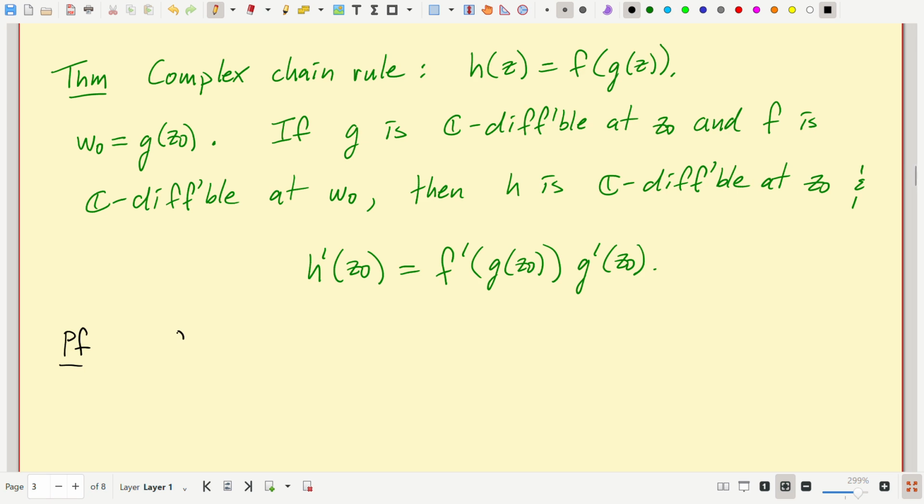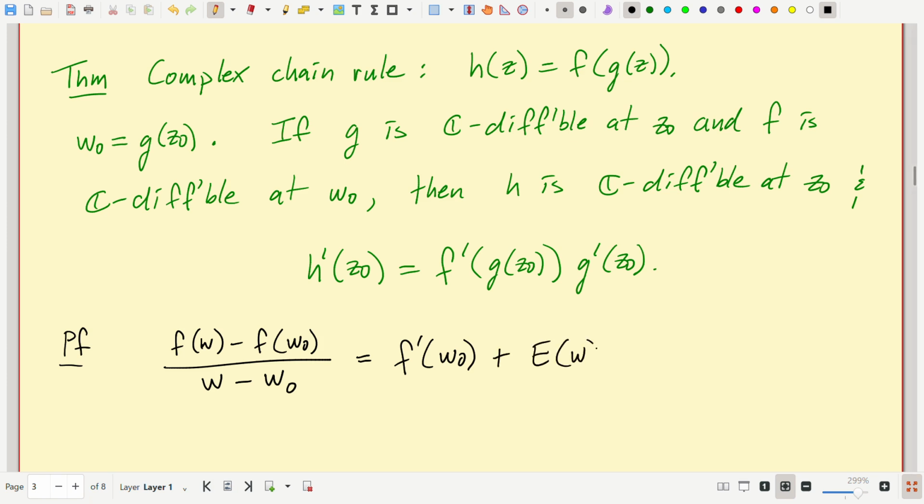We know that f is complex differentiable at W naught. So when I look at the difference quotient, I know that that's going to tend to f prime of W naught. So the error would be, I'll write it here, E of W. And we know that's complex differentiable, so the E of W, that's not the exponential today, goes to 0 as W tends to W naught.